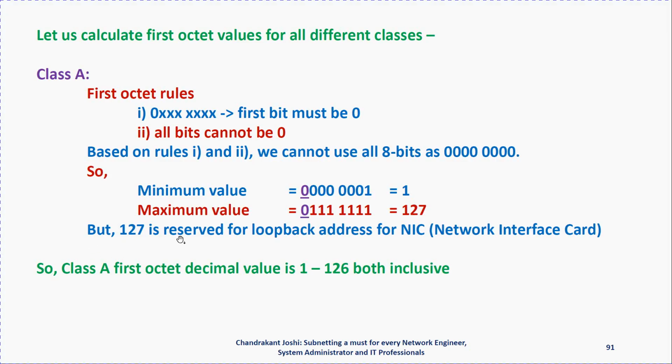But 127 is reserved for the loopback address for the NIC, which is the network interface card. A network interface card is required for networking or browsing the internet. So the class A first octet decimal value is in the range 1 through 126, both inclusive. If we ever see an IPv4 address starting with this range, then we can say that this particular IPv4 address belongs to class A.